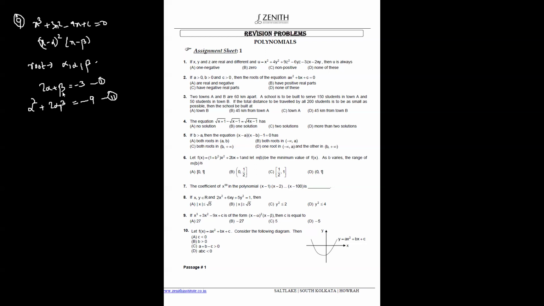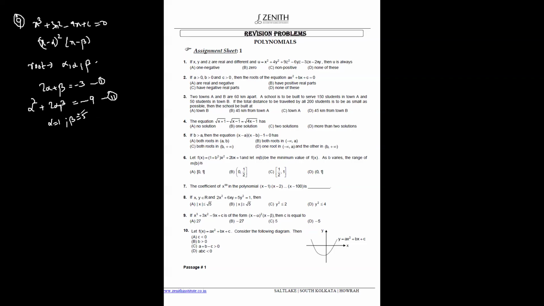Now we solve them simultaneously. Is everyone able to hear me? Alpha equal to 1, beta equal to -5. That is what we get.